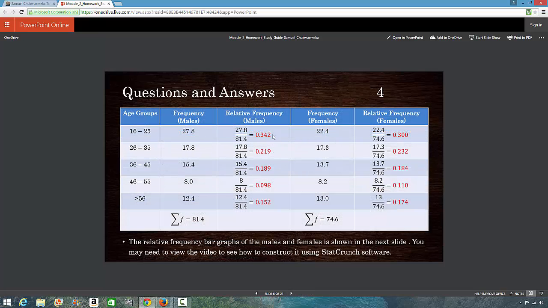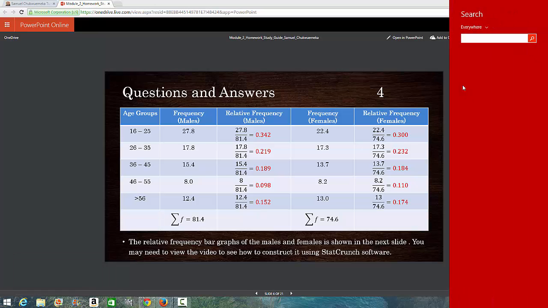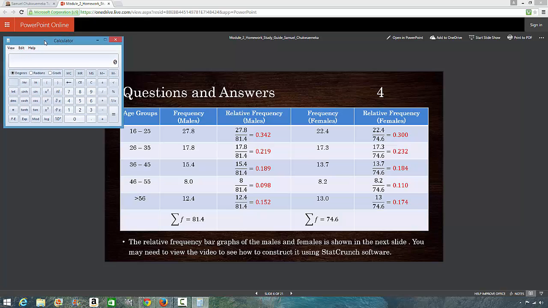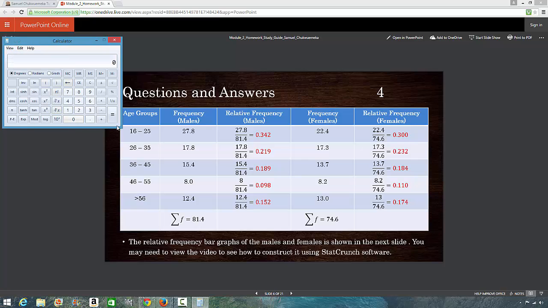Let me get my calculator. This is Windows 8, so you just go to the top edge, click on the search icon, type in calculator, and open this first one. Usually it is in standard, so click view and put it in scientific.